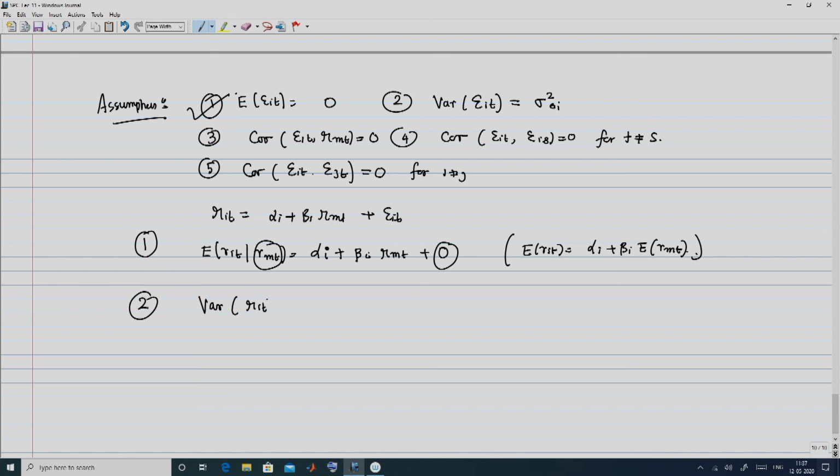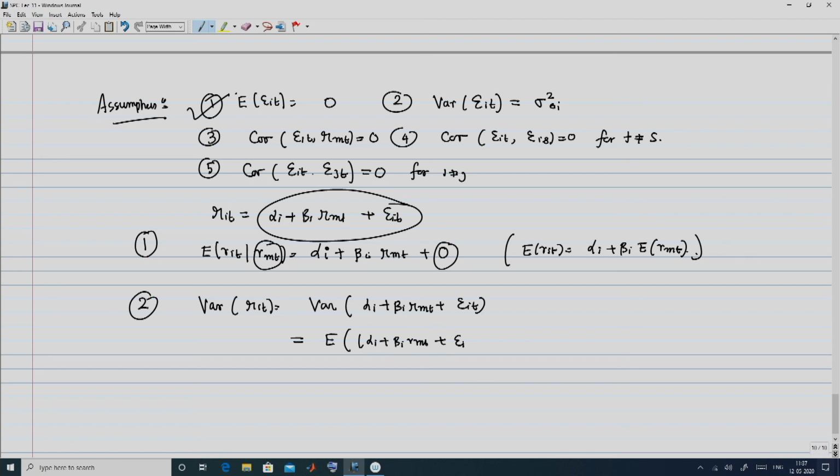So, variance of R_IT, what is this going to be? Let us replace R_IT with this expression. So, this is going to be the variance of alpha_I plus beta_I R_MT plus epsilon_IT. What is this going to be? This is going to be the expected value of alpha_I plus beta_I R_MT plus epsilon_IT minus the expected value of alpha_I plus beta_I R_MT plus epsilon_IT, whole square.